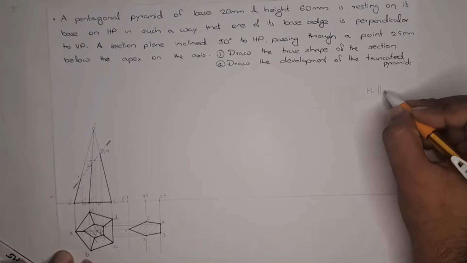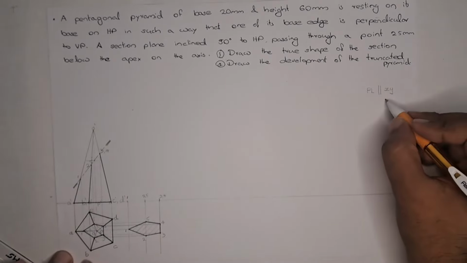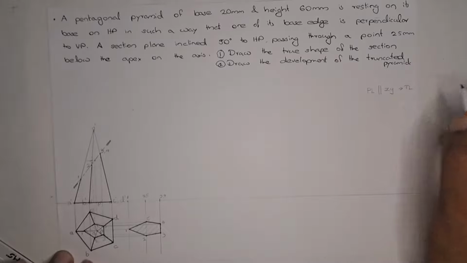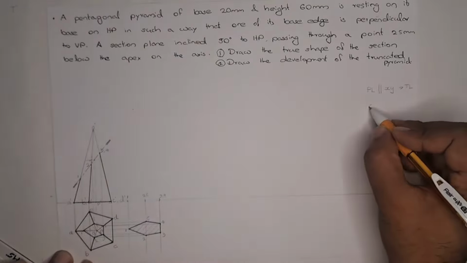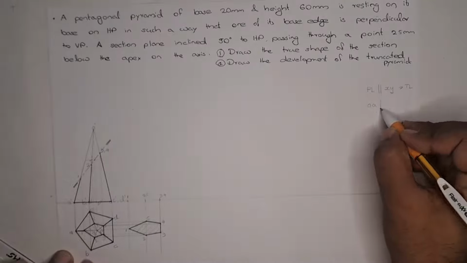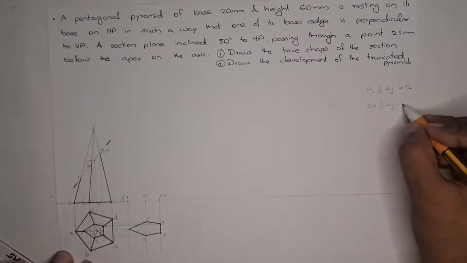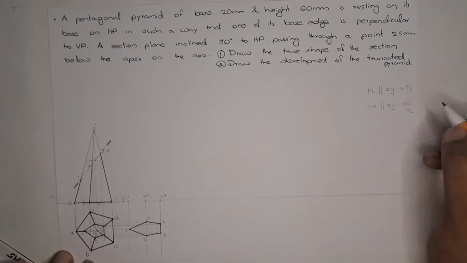The plan length must be parallel to the XY line in order to get the true length. So here OA is parallel to the XY, so O dash A dash will be true length.